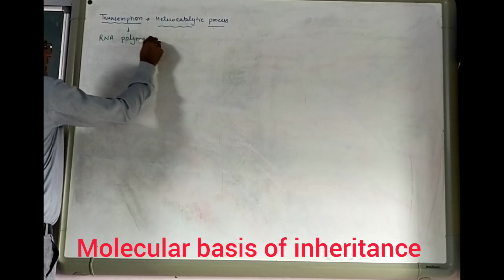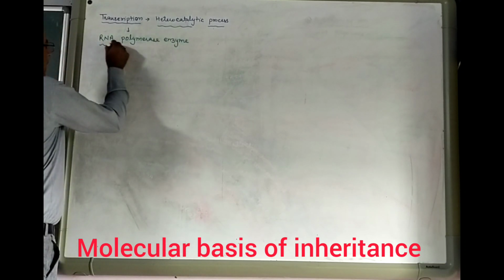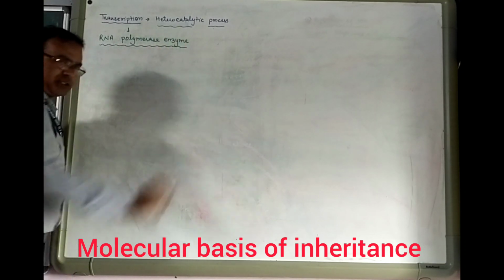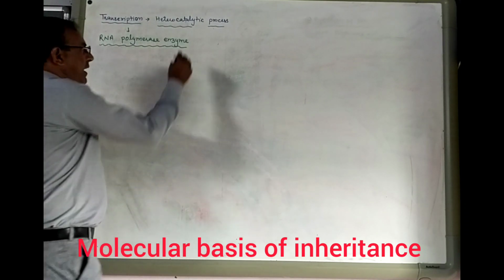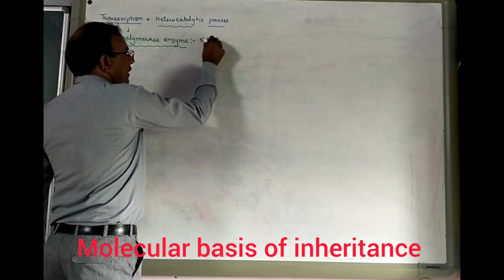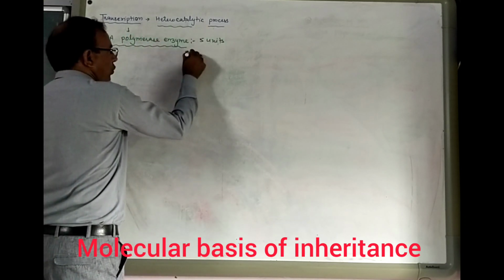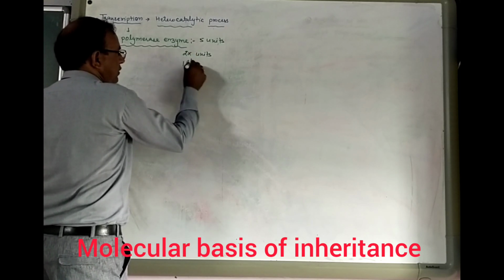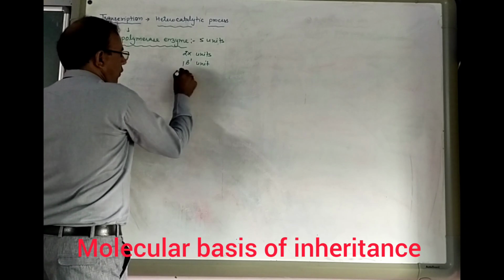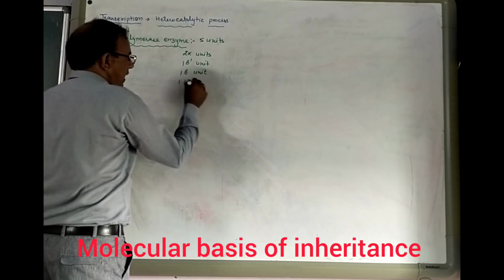RNA polymerase is the enzyme which helps in the transcription process. This RNA polymerase enzyme is made up of 5 units, and those 5 units are 2 alpha units, 1 beta dash unit, 1 beta unit, and 1 omega unit.